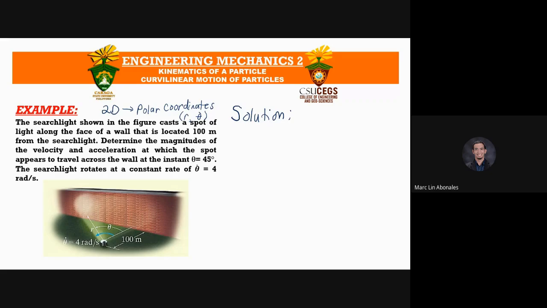So if 3D, that is what we call cylindrical coordinates, which we will discuss later on. So the figure can be considered as our coordinate system. And we will draw also later a top view for this one so that we can analyze further the problem.